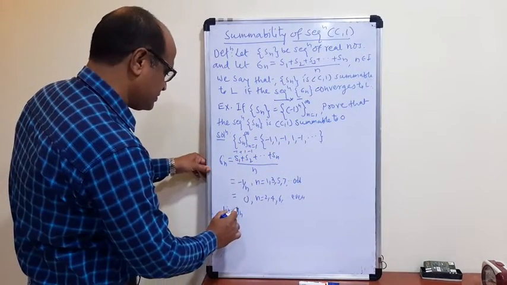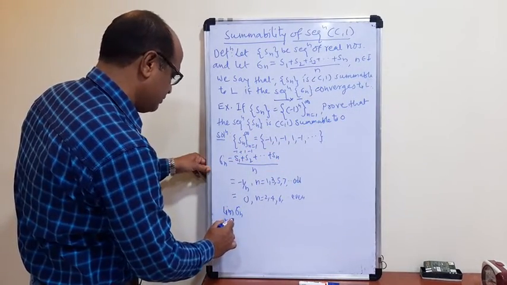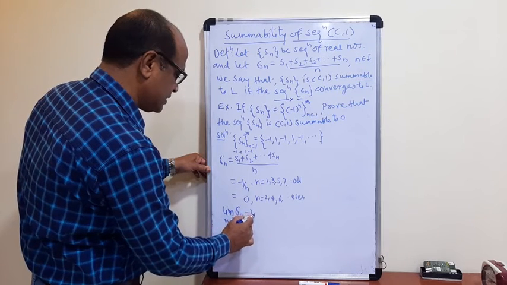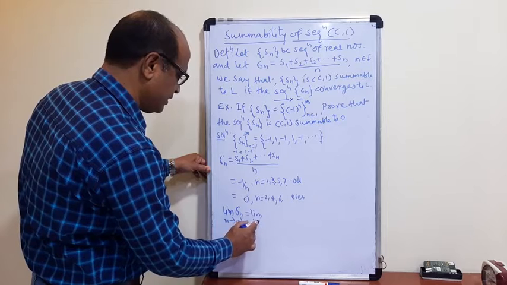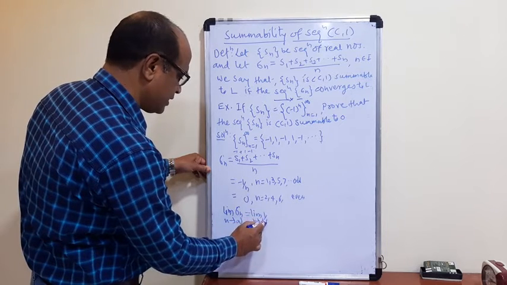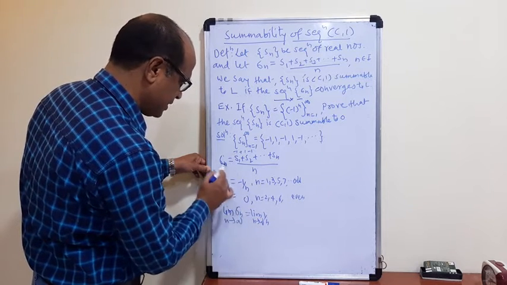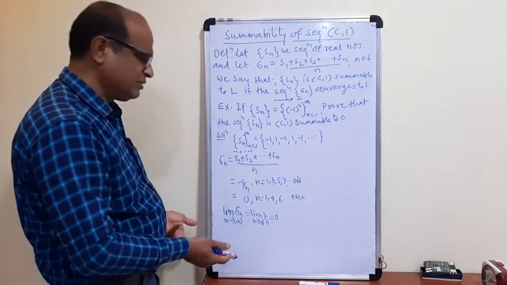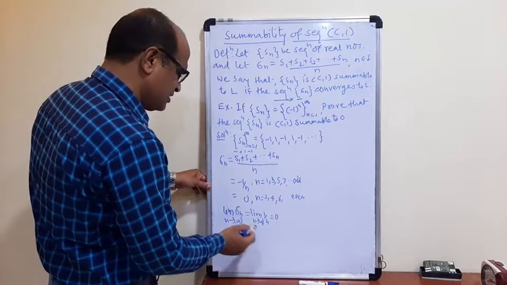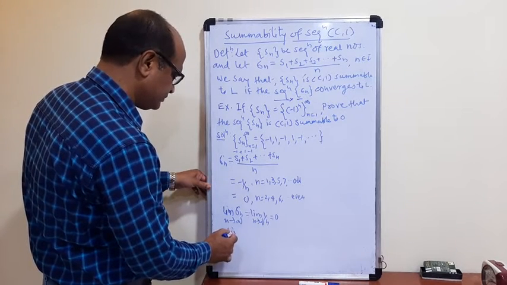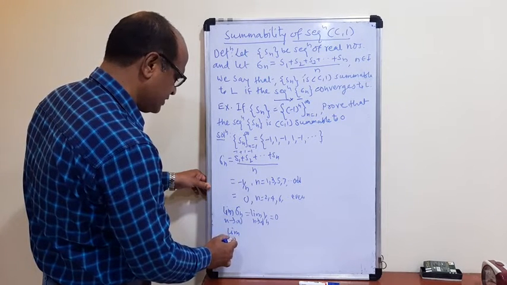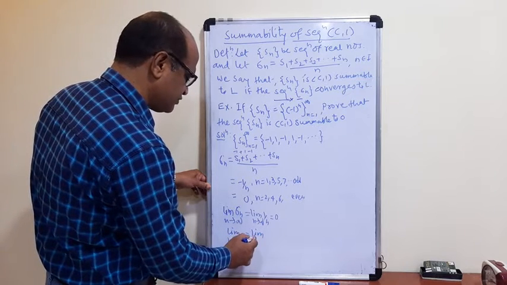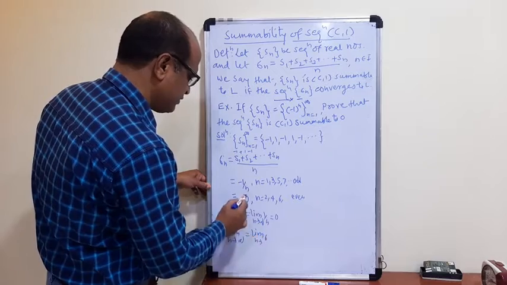So the limit of sigma n as n tends to infinity is equal to the limit of minus 1 upon n as n tends to infinity, putting sigma n equal to this. This is 0, and the limit of this is also 0.